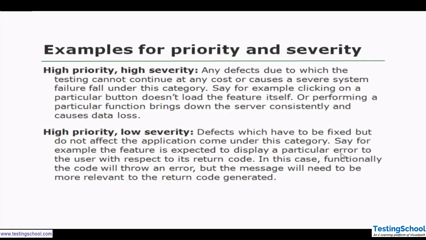Like if you have a button, and by clicking on it a certain functionality is not loaded or is disabled, that particular defect is high priority and high severity. Then we have high priority and low severity.